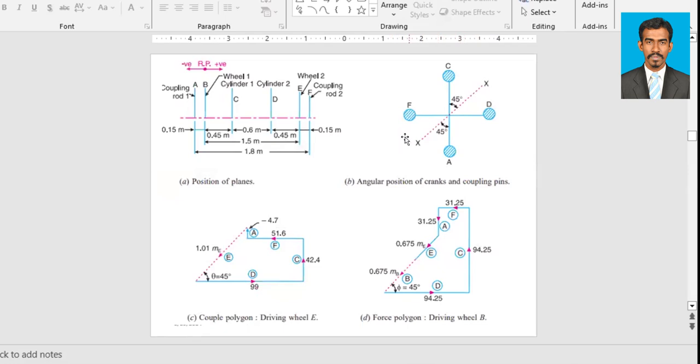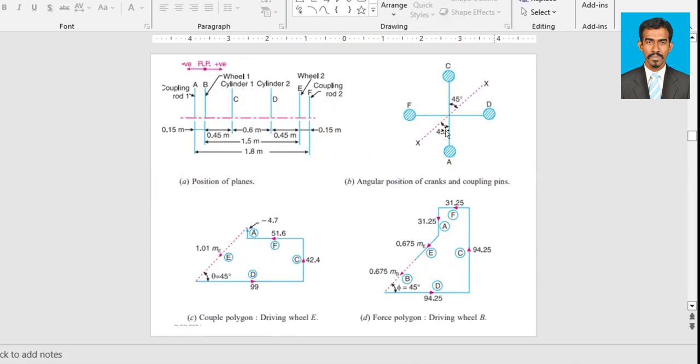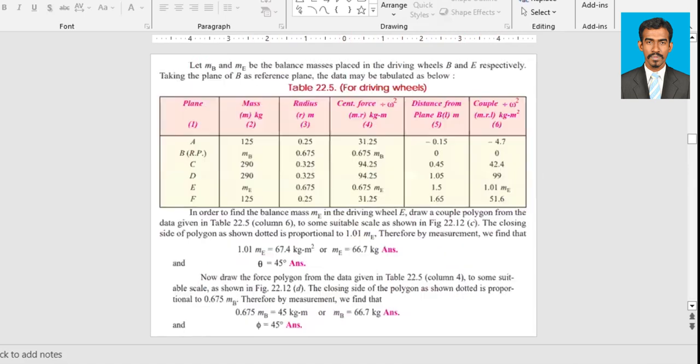So as I mentioned earlier, since the system is symmetric, they are named as X. So if you see, ME is also 66.7, MB is also 66.7, right? That's why it is mentioned as X, because the same masses are coming out of the numerical, right? You can mention it as X and Y also, doesn't matter, right? So this is the angle, and these are the balancing masses for the driving wheels, right?